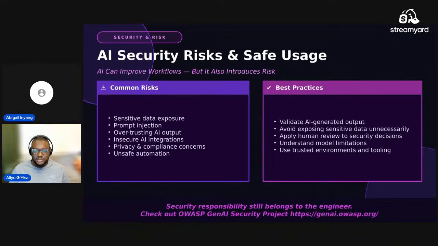Or if you're too trusting of the output of the generative AI, that could also be a risk, because you can make wrong decisions based on wrong information. And then there's also insecure AI integrations. For instance, if you integrate a tool with your AI agent that's malicious or compromised, that could be a big disaster as well.